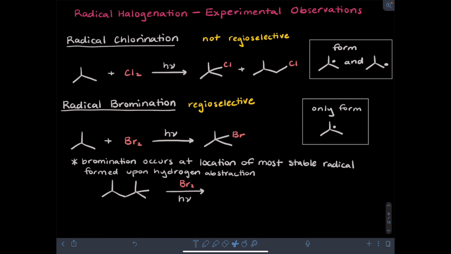Because this is a radical bromination, you would look for a position with a C-H bond present that would form the most stable radical intermediate. In this molecule, this tertiary position with a C-H bond present would form the most stable radical intermediate. You could predict the product of this reaction by drawing a new carbon-bromine bond at this position in the product.